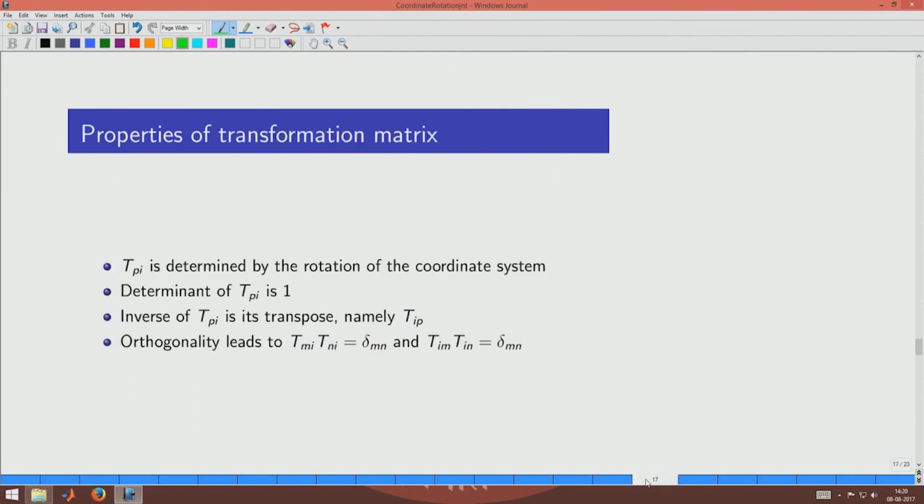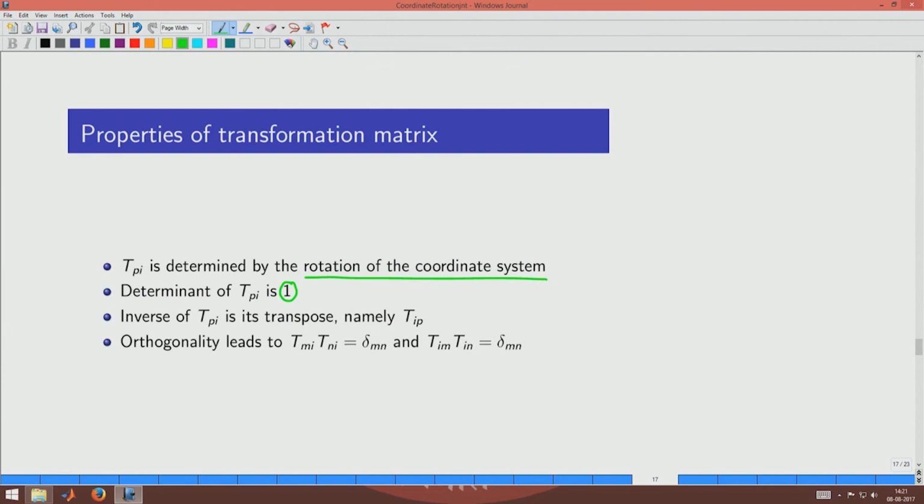Okay. Now, there are some more properties of the transformation matrix that we can use. We can say that the transformation matrix is completely determined by the rotation of the coordinate system. So, whenever we know the rotation, by what axis and by what amount, then we can determine the elements of T completely. The determinant of T is 1. The reason why this is so is because we are talking about a pure rotation. We do not want to consider situations where the new unit vectors, when you look at the triple product, is different from 1.